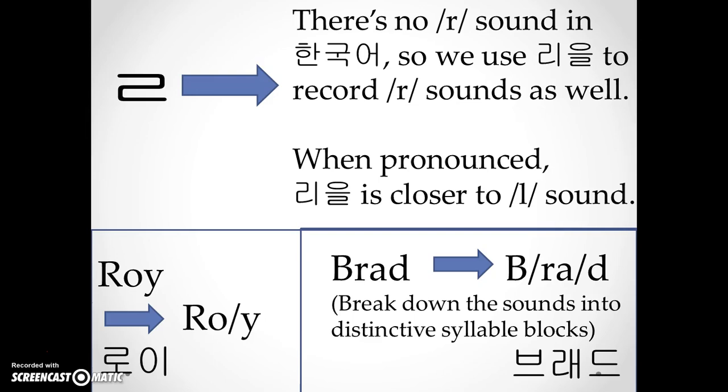Okay? So the thing about 리을, guys, there's no R sound in Korean, so we use 리을 to record R sounds as well. So in actuality, when it's pronounced, 리을 is closer to the L sound.